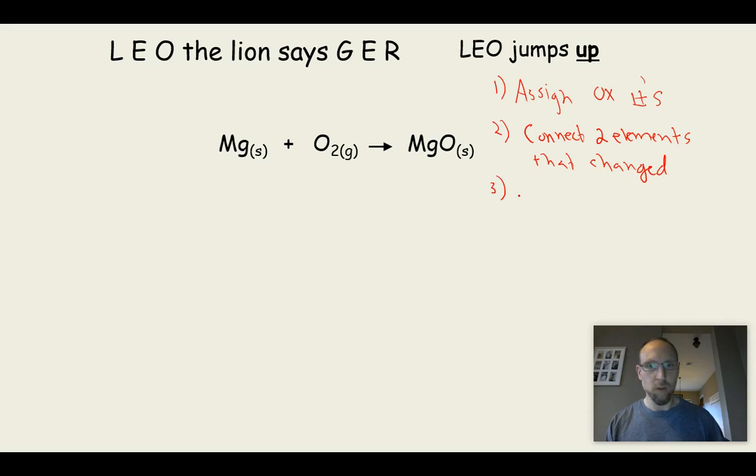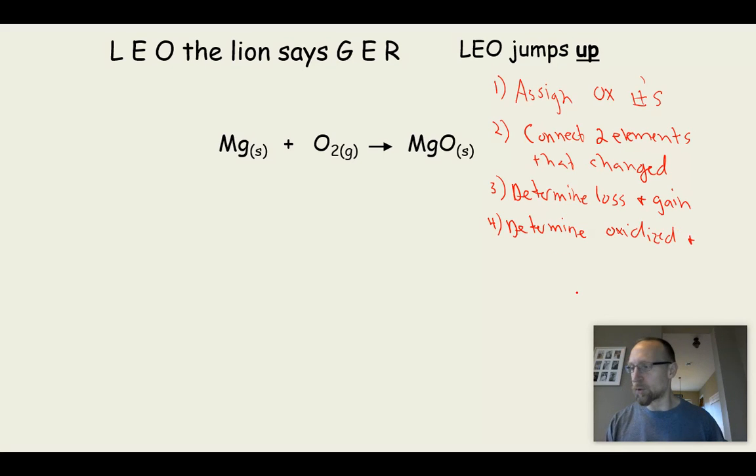Number 3, we want to determine our loss and gain. And then number 4, we want to determine who's oxidized and reduced.